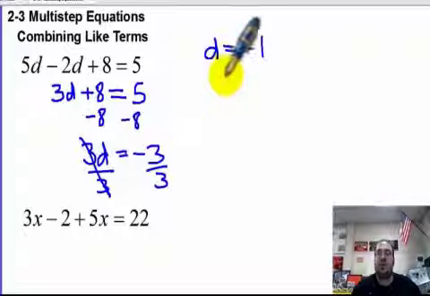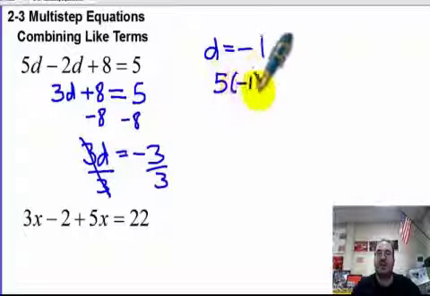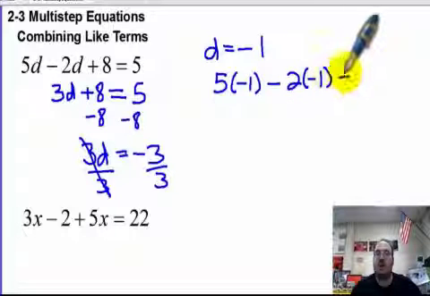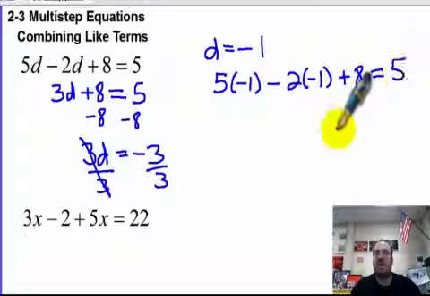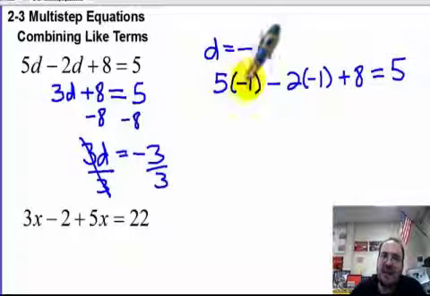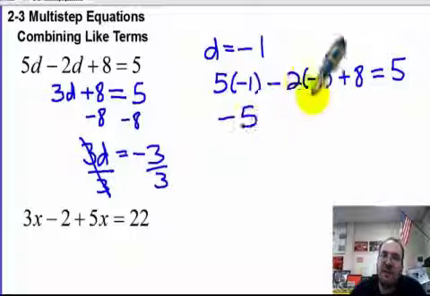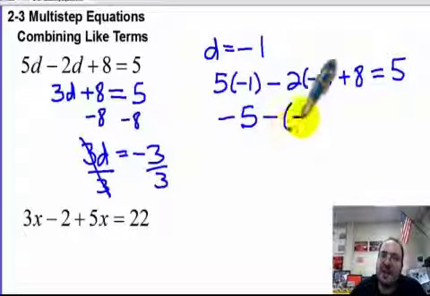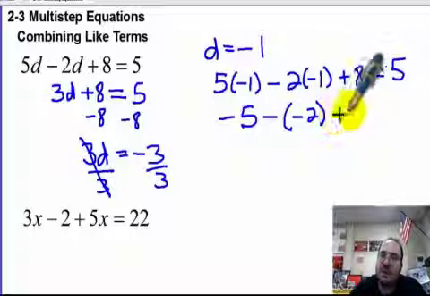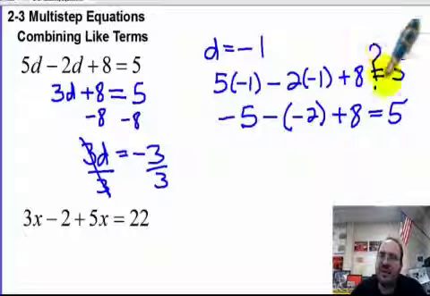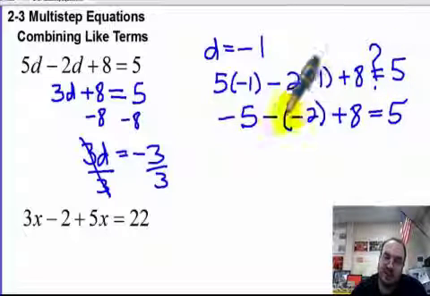And then you want to check your work. So 5 times negative 1 minus 2 times negative 1 plus 8 equals 5. And 5 times negative 1, I get negative 5. And then this is going to be negative 2, so I have minus a negative 2. Plus 8 equals 5. And I need to put a question mark there because I don't know if this is true yet.